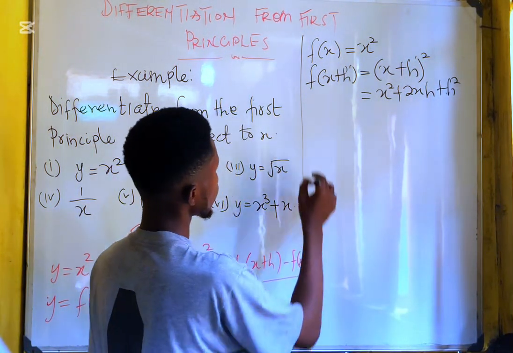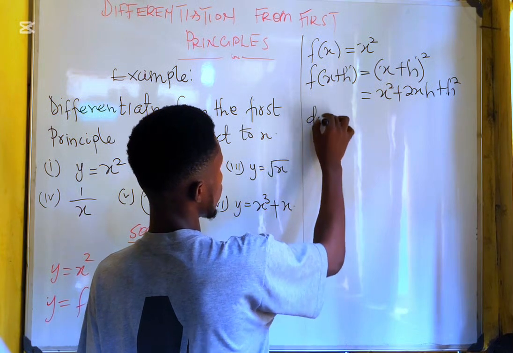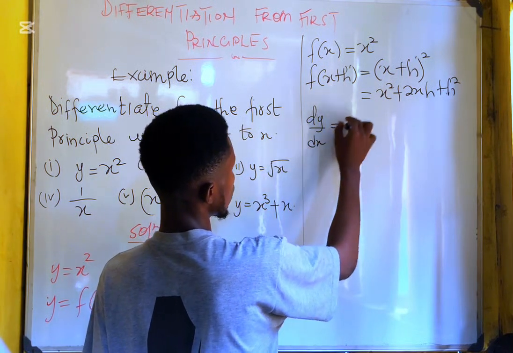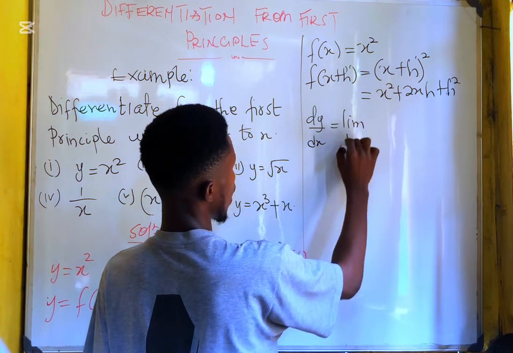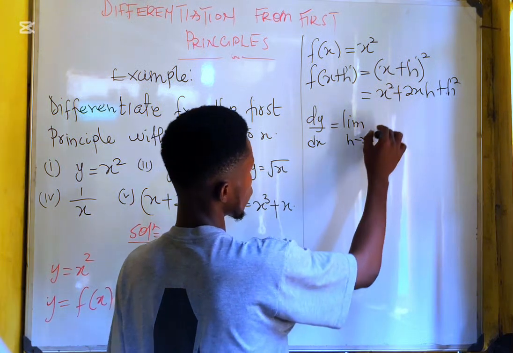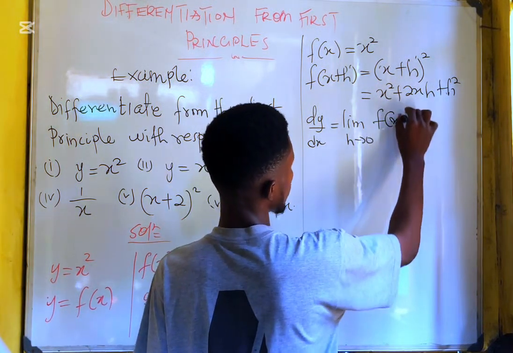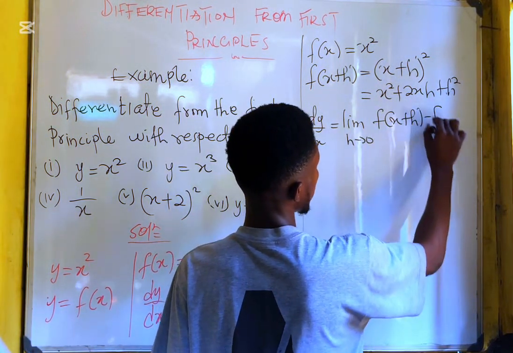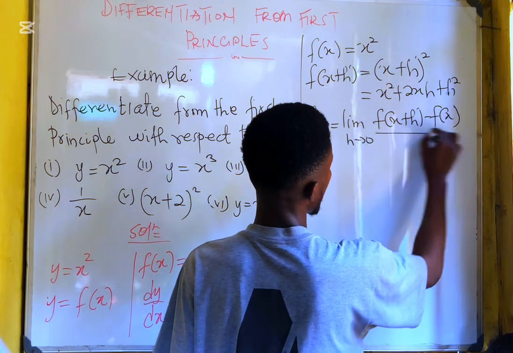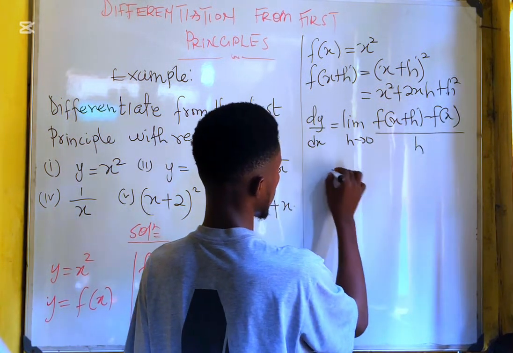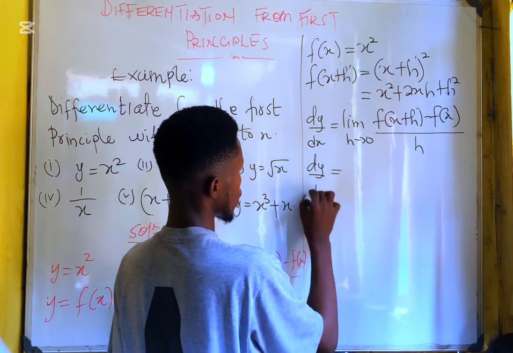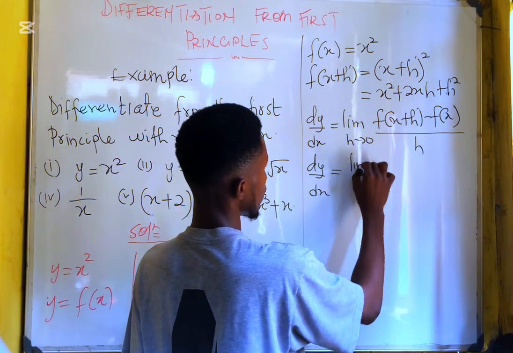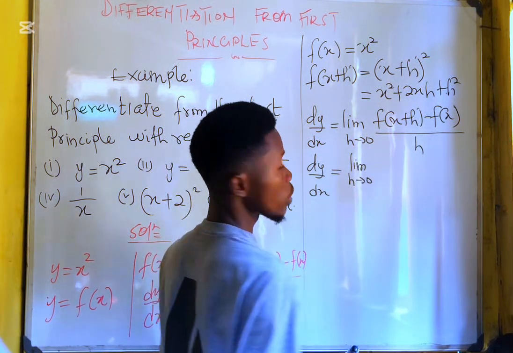So here, when I come to the formula, dy/dx is equal to the limit as h approaches 0 of f(x plus h) minus f(x) all divided by h. So dy/dx is equal to the limit as h approaches 0.